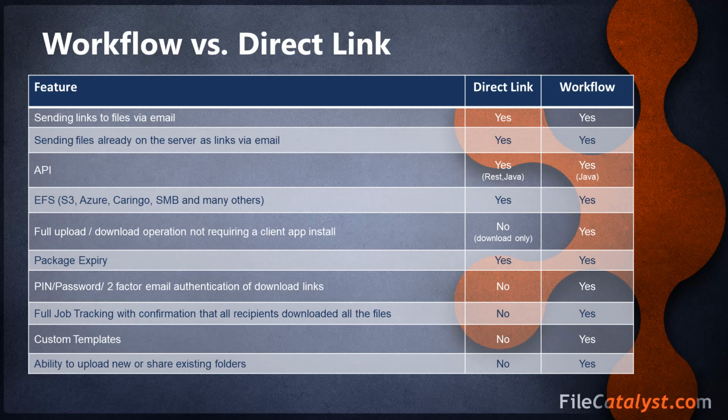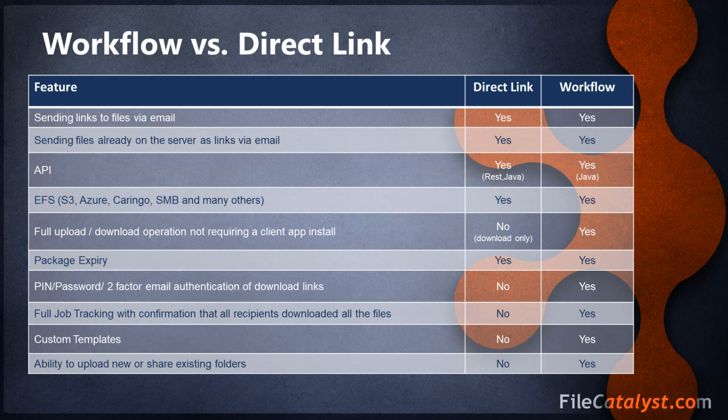PIN, password, two-factor email authentication, that's not in Direct, that's only in Workflow. Full job tracking, confirmation that all recipients downloaded all the files, that's only in Workflow. You only get a confirmation like this if you send files to a single recipient with Direct.